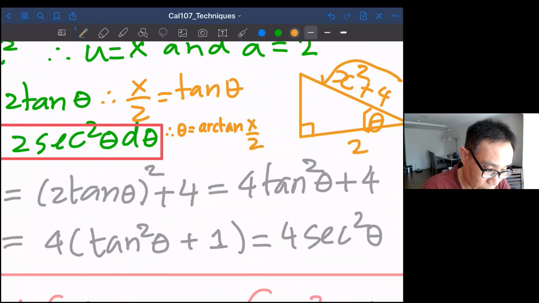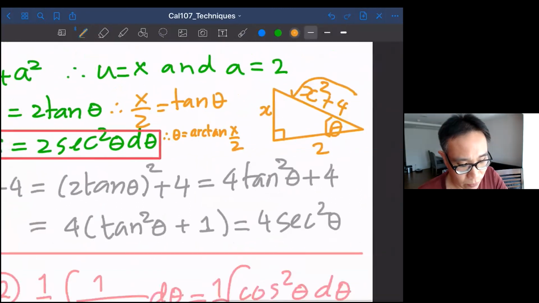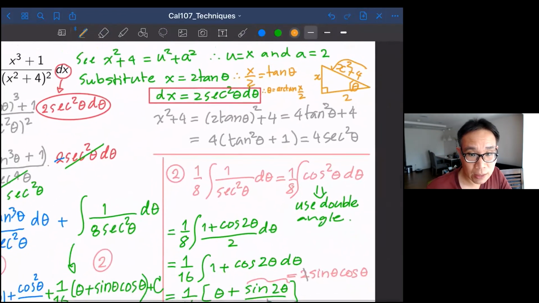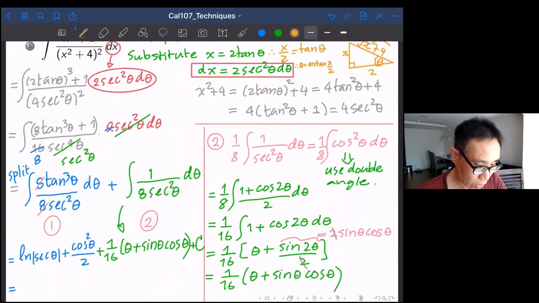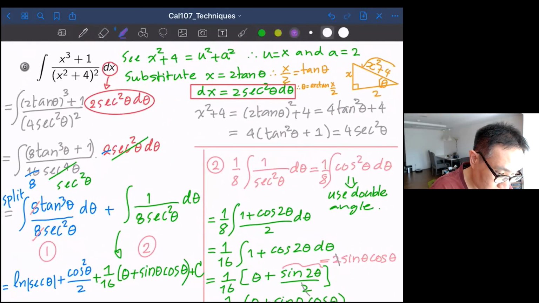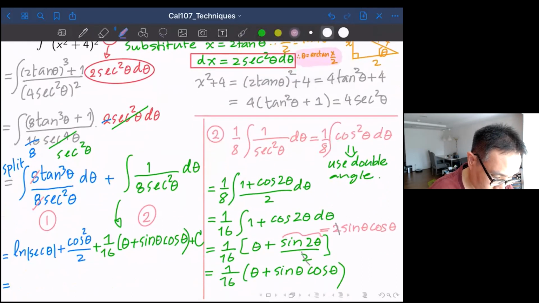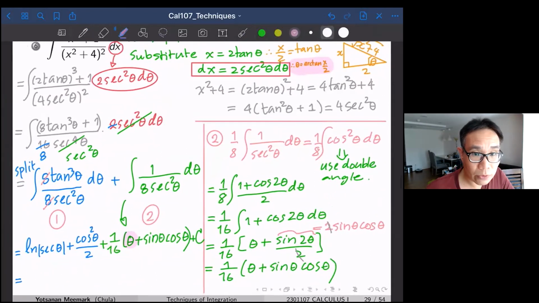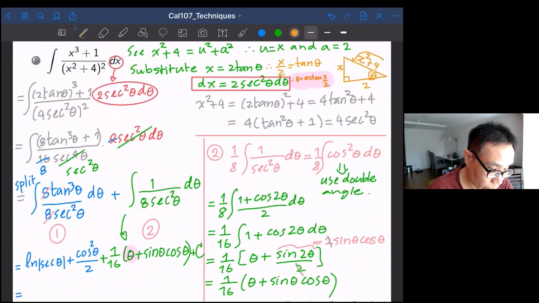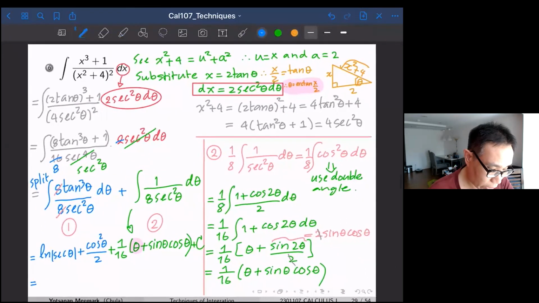So theta equal to arctan x over 2 will be used for the pink term, and the rest of the terms will come from this triangle.